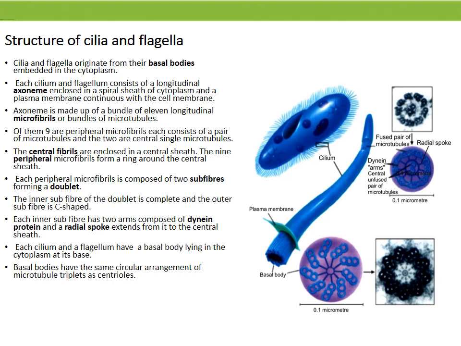This regular arrangement of microtubules and associated proteins with the 9-fold pattern is also seen in centrioles. But unlike centrioles, cilia and flagella have a central pair of microtubules, so that the overall structure is called the 9 plus 2 axoneme.